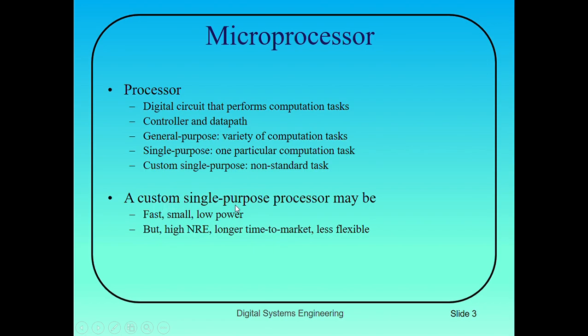Custom single purpose processors may be fast, smaller, and may have low power dissipation, but they have high NRE or non-recurrent engineering cost, longer time to market, and they are less flexible.